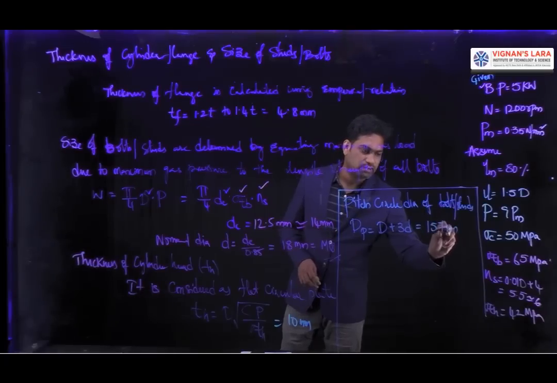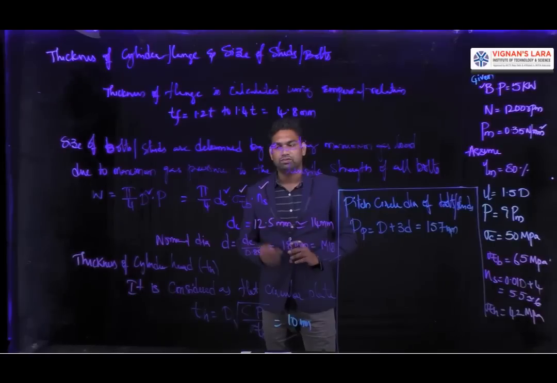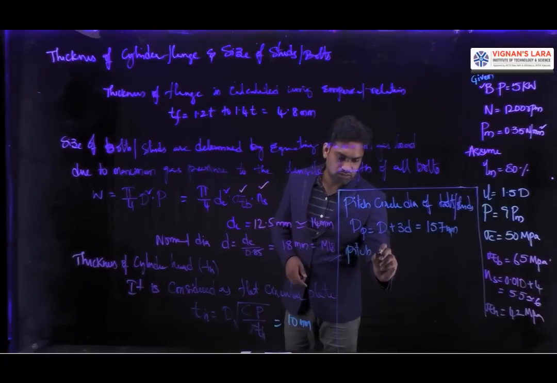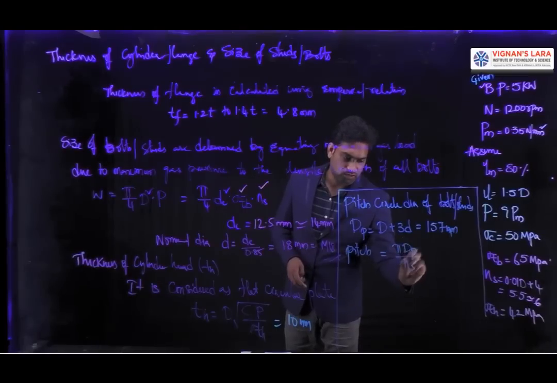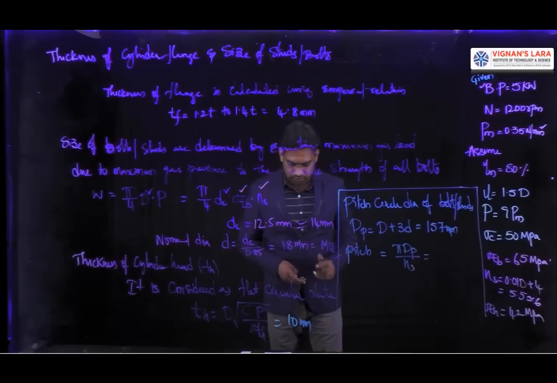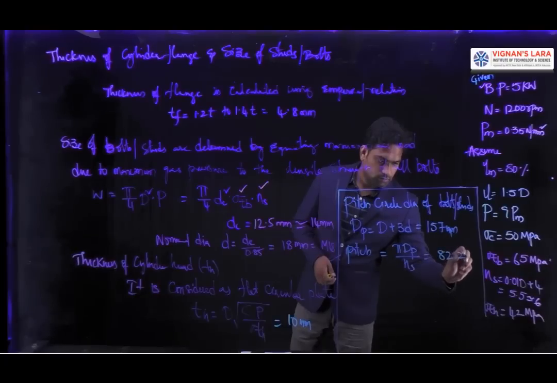After calculating the pitch circle diameter, we need to check the pitch value, so that the joint is leak proof or not. The pitch of bolts or studs is given by the circumference of pitch circle by number of bolts or studs. Substituting all these values, the pitch is 82.2 mm.